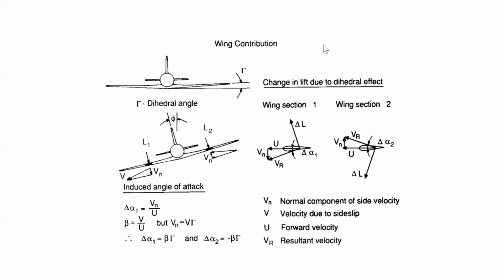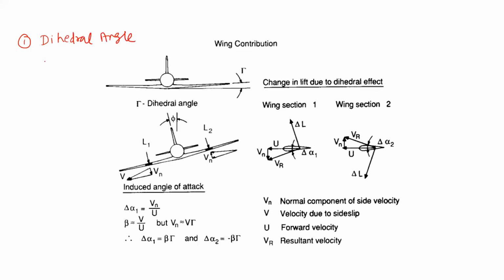The factors that impact roll stability are as follows. First is dihedral angle, or rather wing dihedral.